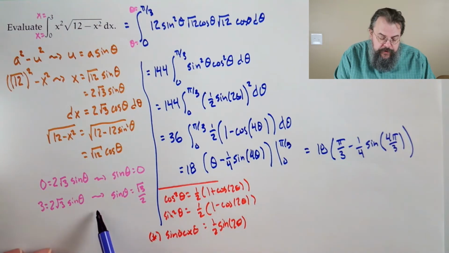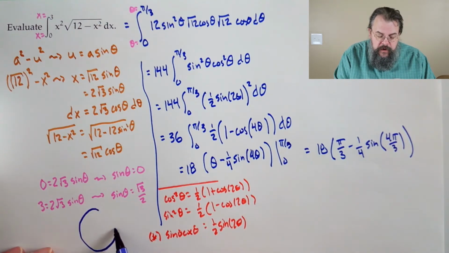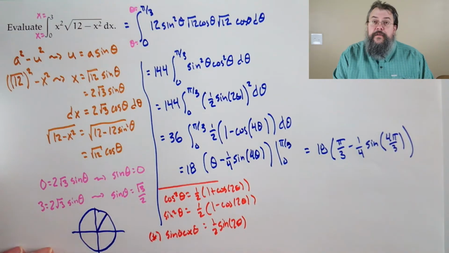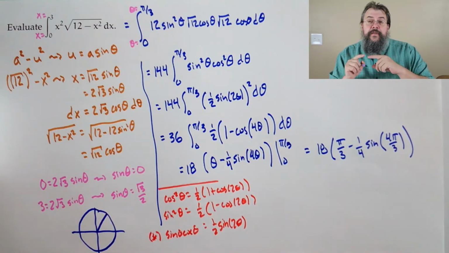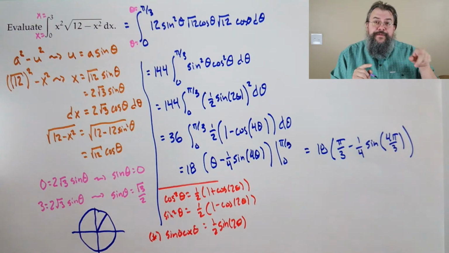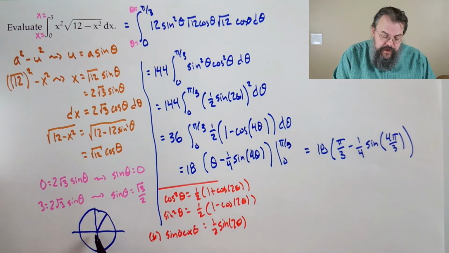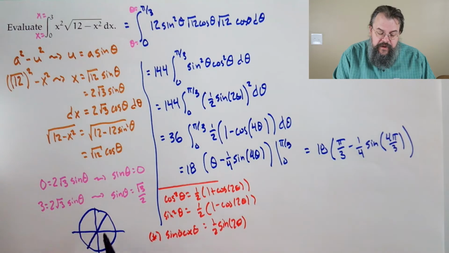Well, let's draw ourselves a picture. And we said, look, pi over 3 is this 60-degree angle. And what would 4 pi over 3 be? Well, it'd be that pi over 3 plus pi, so it'd actually be directly across.